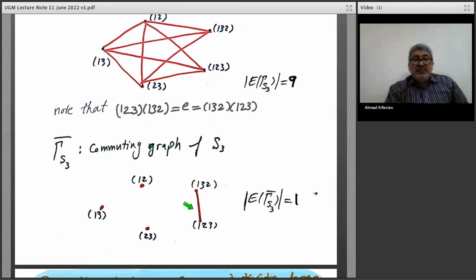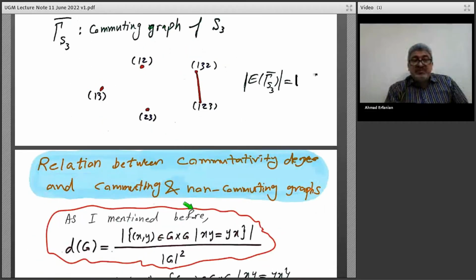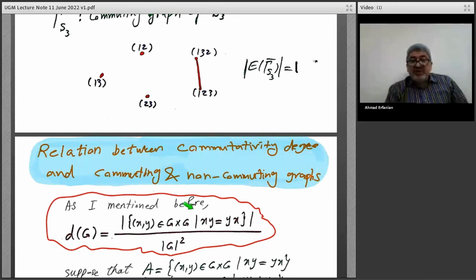Now, for the complement of the non-commuting graph, we have only 1 edge, between (1 2 3) and (1 3 2). So the commuting graph of S3 has 3 isolated vertices and 1 edge. So we will have only 1 edge here.